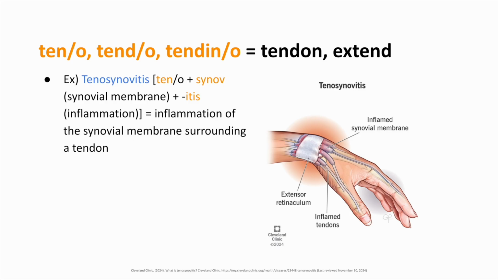That's the synovial membrane. It is usually not this thick. It looks very thick because it's inflamed, but it's a membrane that surrounds the tendon. So synovial membrane, itis, inflammation.